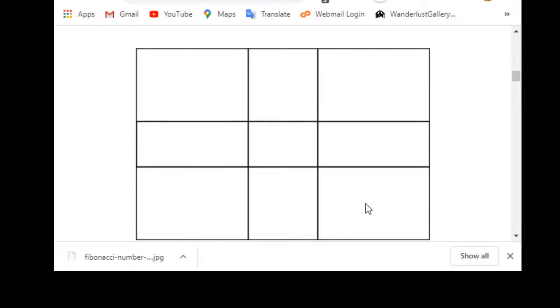And as it turns out, if you take each of these squares and you take the short side and you call it 1 unit, then the long side is 1.608 units. And that ratio, 1 to 1.608, is called the golden ratio. When our brain sees something that matches that ratio, it feels satisfied.